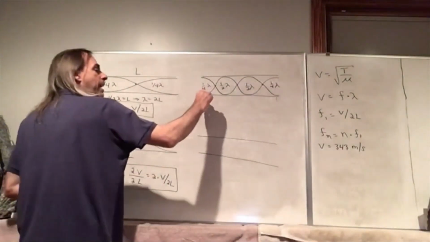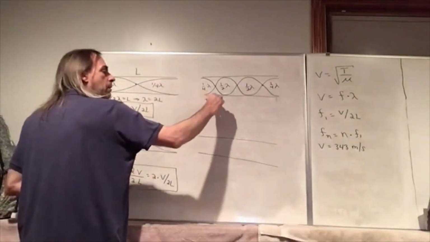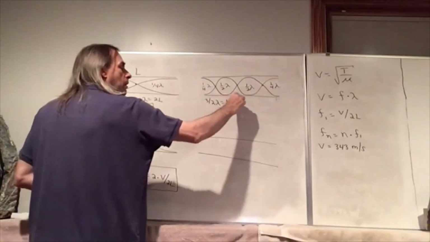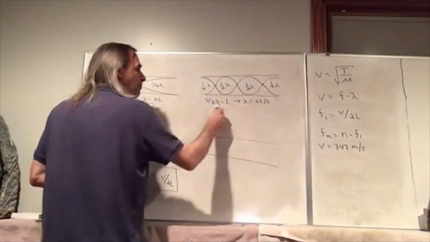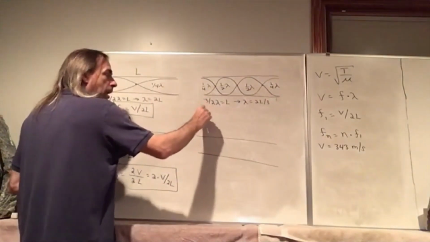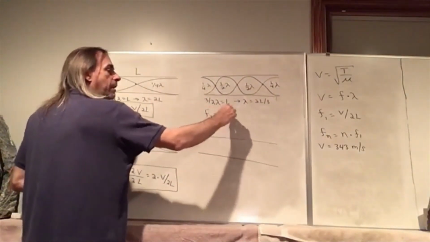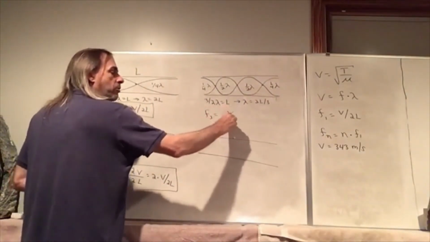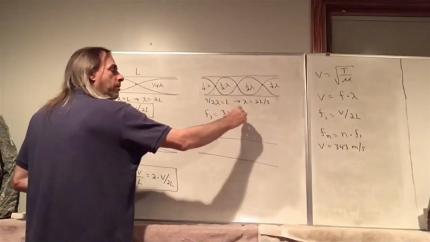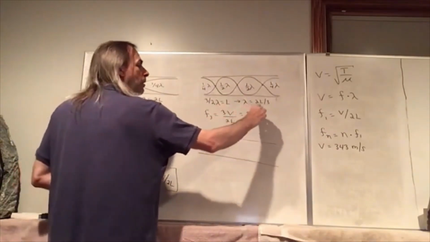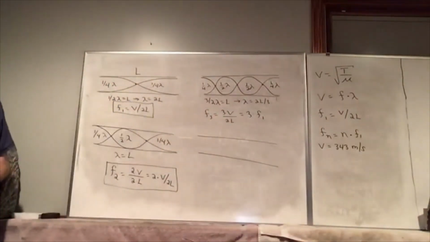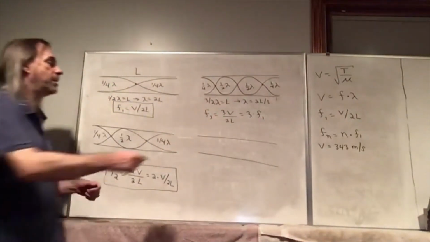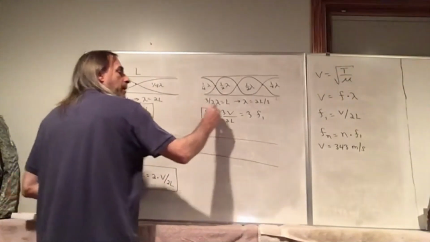So we have 3/2 lambda, so lambda is 2L over 3. And then the frequency here is V over 2L over 3, so we put the 3 on top. And we can write that as 3 times V over 2L, or 3F1. So again, it seems to be working.